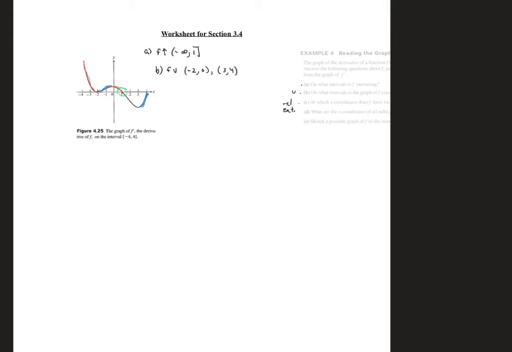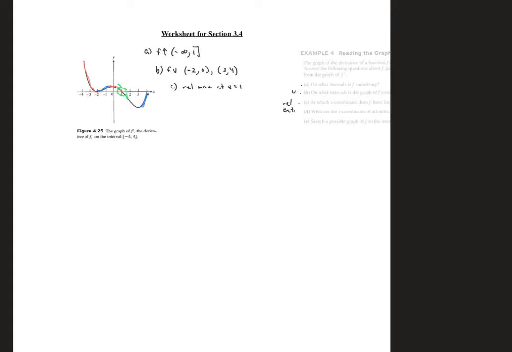So if you look right here, you can see to the left, the derivative is above the x-axis, which is positive, and over here, the graph of the derivative is below the x-axis, which means it's going to be negative. So since it's going from positive to negative, that means we're going to have a relative maximum, and we don't know the y-coordinates. So we're going to say at x equals +1.